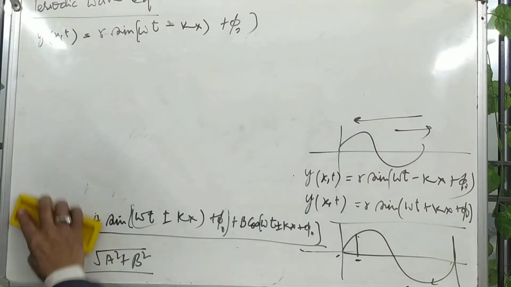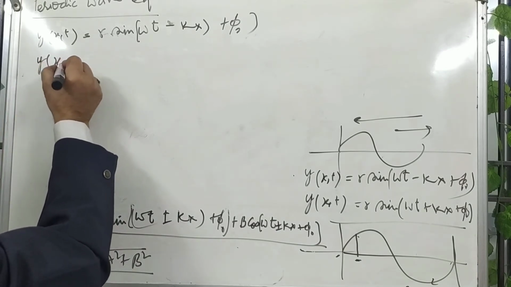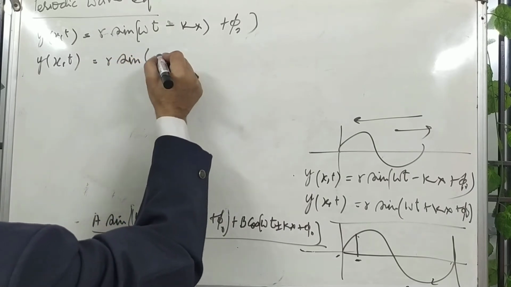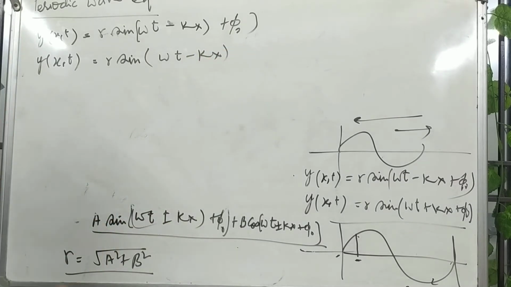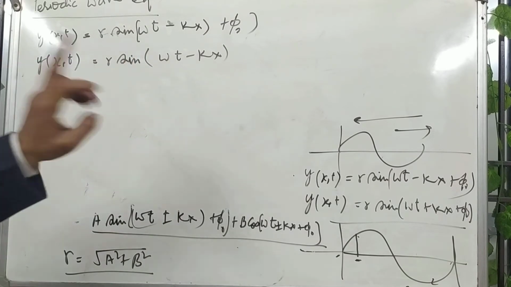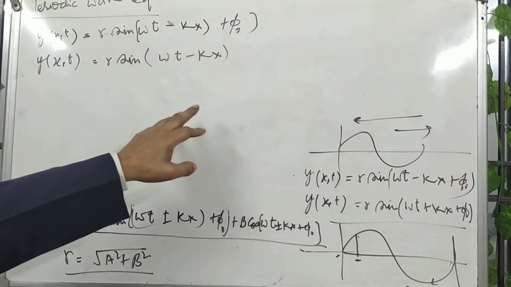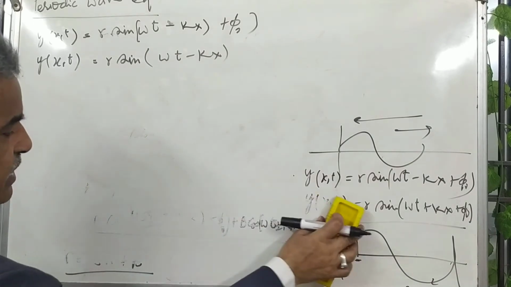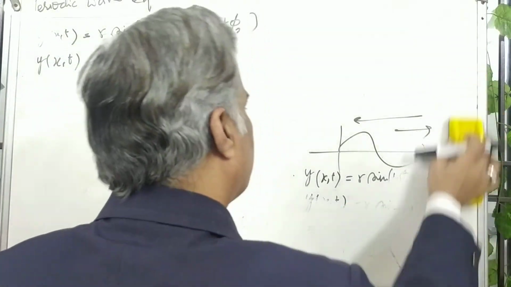So if φ₀ is 0, then y(x,t) is r sin(ωt − kx). So this is periodic with respect to time period T. It is periodic with respect to wavelength, and this is also periodic with respect to phase angle 2π. Sine function, cos function, both are periodic.